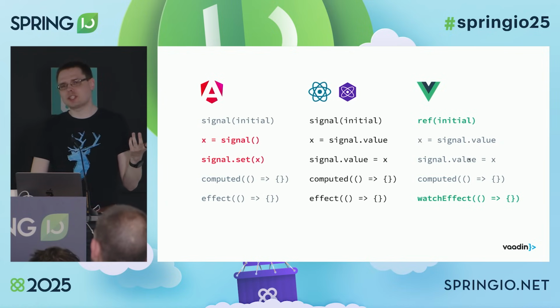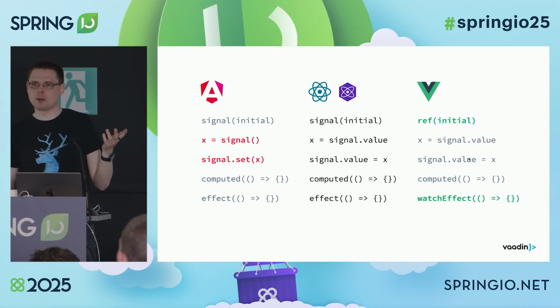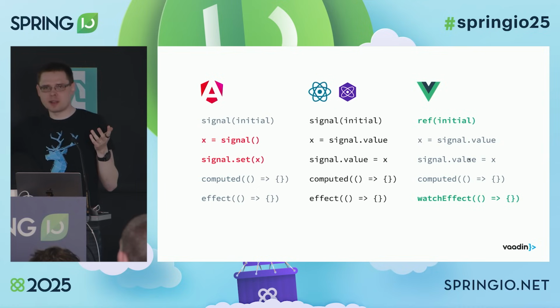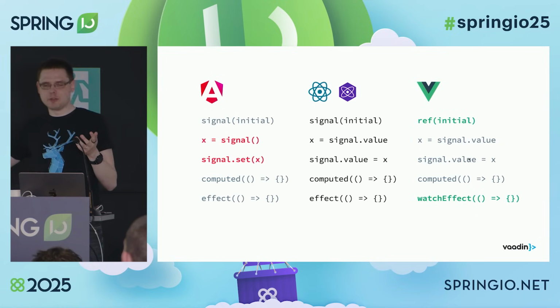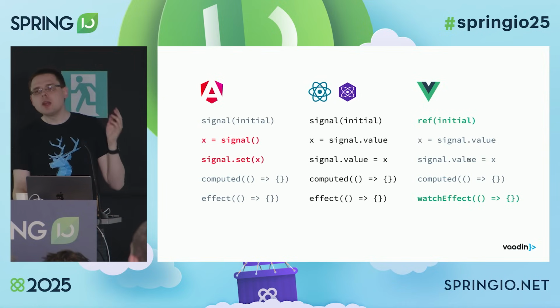And these same things are available in all the top 3 popular UI frameworks. So in Angular, it's almost the same, just a slightly different syntax for how you read and write the values. In Vue, it's quite the same, except that it's called a ref, not a signal, and you use watch effect instead of just effect.